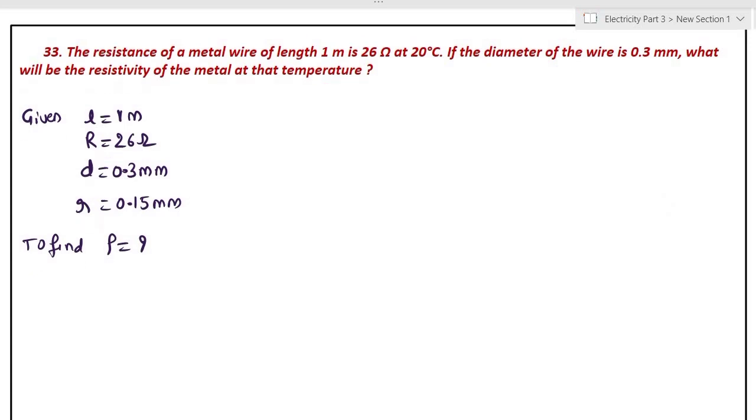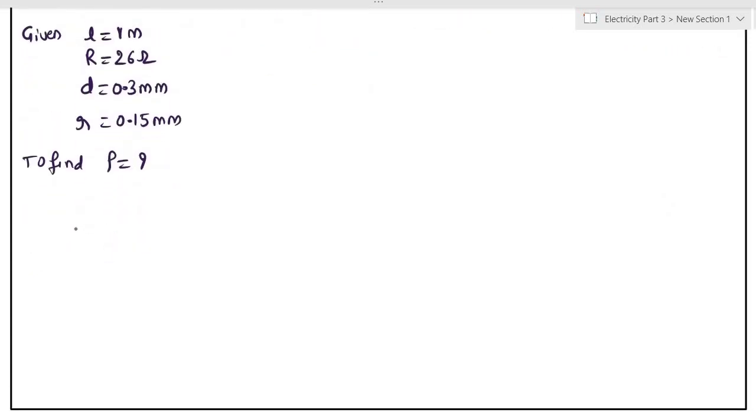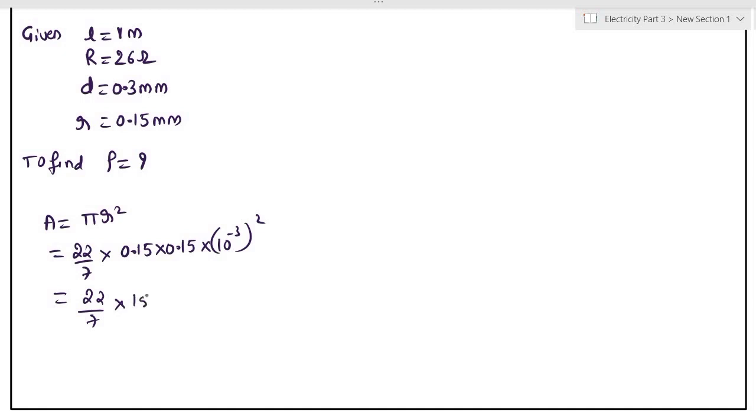We know that rho is equal to RA divided by L. Therefore let us find area of cross section, that is pi r square. Pi is how much here? 22 by 7, and area of cross section, that is 0.15 into 0.15 into 10 to the power minus 3 bracket square. It can be written as 22 by 7 into 15 divided by 100 into 15 divided by 100 into 10 to the power minus 6.